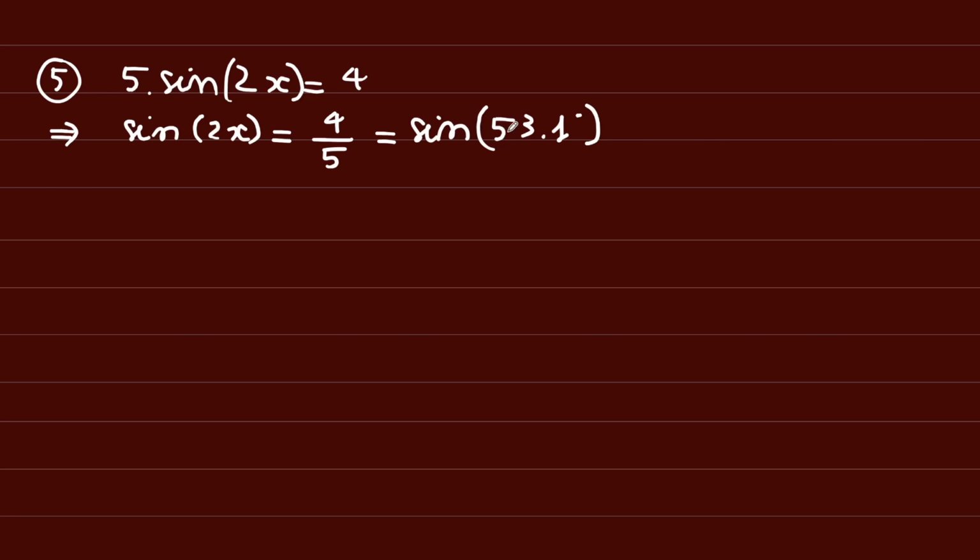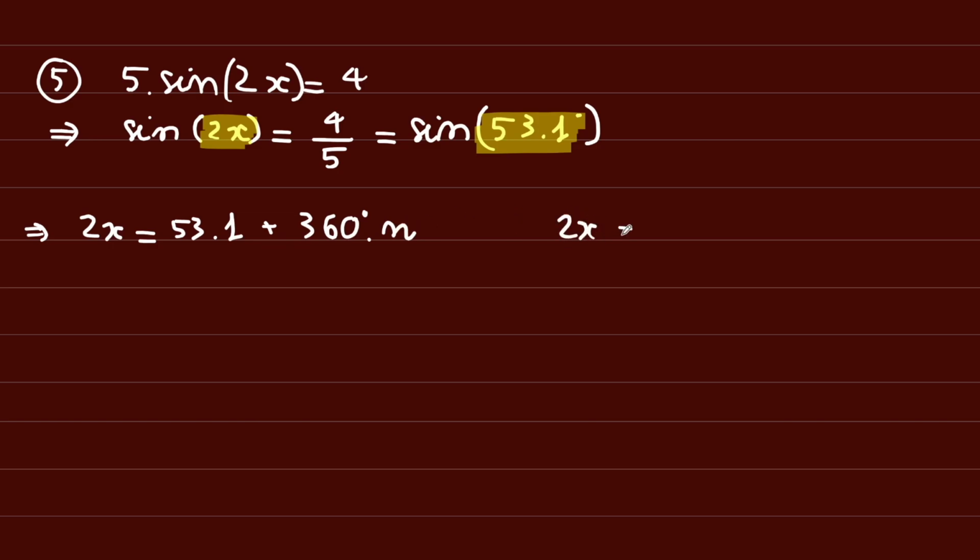Okay, so once again, we meet the 53.1 angle. And we have two general solutions based on the two angles here. The first one will be 2x equal to 53.1 plus 360 degrees multiplied by n.